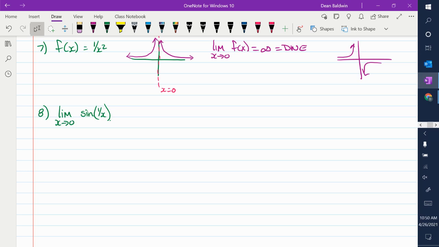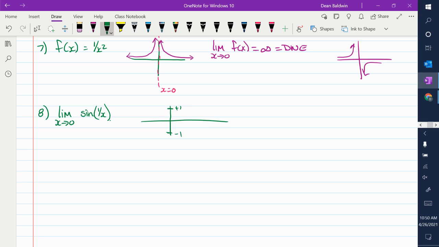So the sine or cosine function only ever oscillates between 1 and -1. I know what the graph looks like just because I've done it before, but this is how you can think of it. I will not ask you to reproduce this graph. I will give you this graph if I want you to answer a question about it.